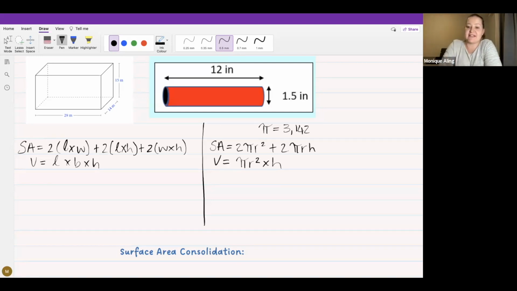How about the surface area for a rectangular prism? Now I can see all the answers coming in.